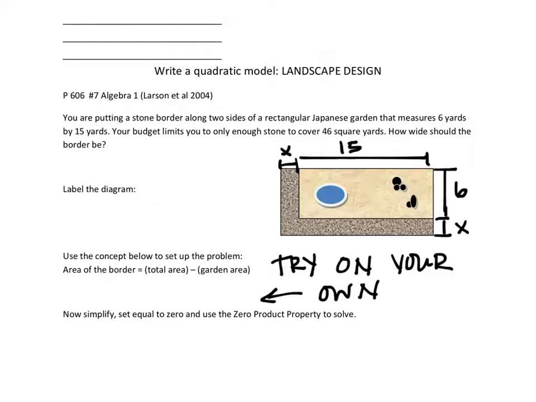So we're going to use this concept of the area of the border being 46 square yards, and having that equal the total area, which is going to be length times width, so we would be multiplying that by that for the total area, and then we'd subtract the garden width and length for the area, so we'd multiply 6 times 15, so hopefully I believe we would be subtracting 90.